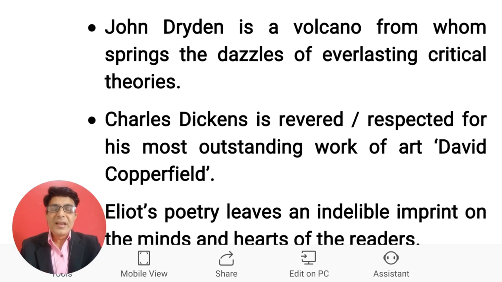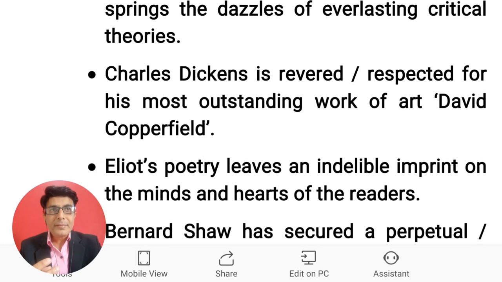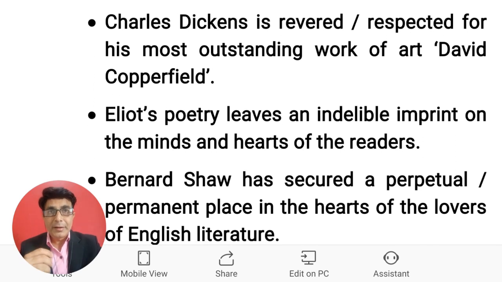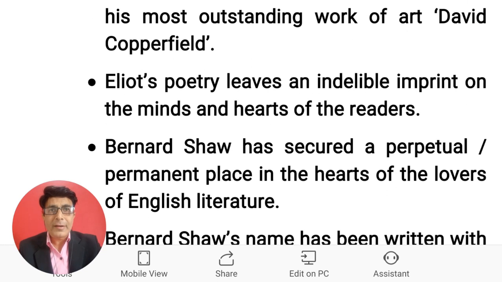Charles Dickens is respected or revered for his most outstanding work of art, David Copperfield. Now you can change the names. Instead of Charles Dickens, you can use the name which you want to write, or instead of David Copperfield, you can write the title of any other work of art, right?